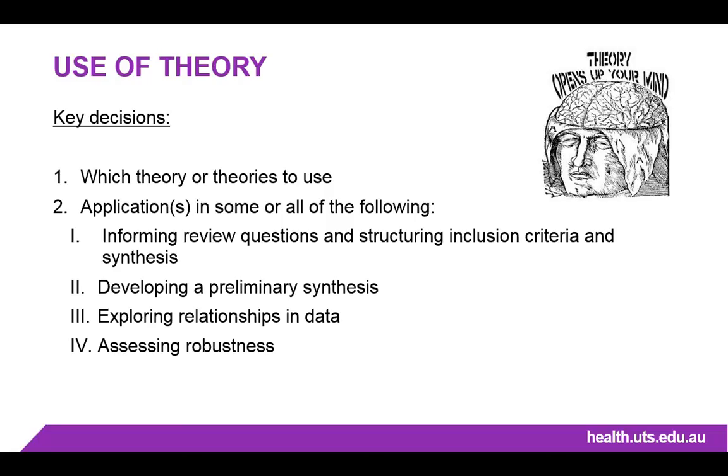I was just going to say, on the point of using theory and trying to consolidate it, some experiences I've had have been around coding interventions according to, say, behaviour change techniques. So everything is standardised across all of your studies, which is a really useful thing to be able to do. But often you find that the level of reporting of the interventions is so different that you have to go back to the studies.